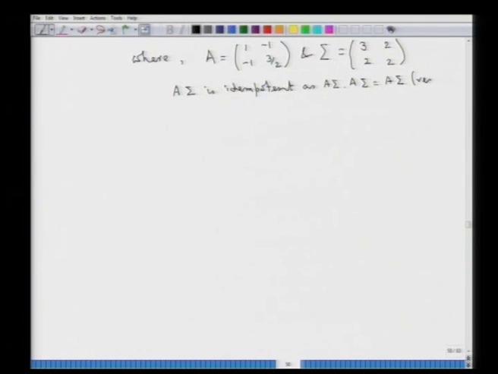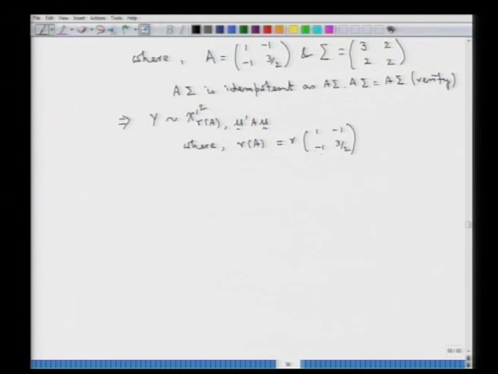One can easily verify this by simple matrix multiplication, and hence this implies that our random variable y, that quadratic form, follows chi prime square with rank of A as its degrees of freedom and mu prime A mu as its non-centrality parameter. Now what is the rank of A? It is the rank of the matrix [1 -1; -1 3/2].